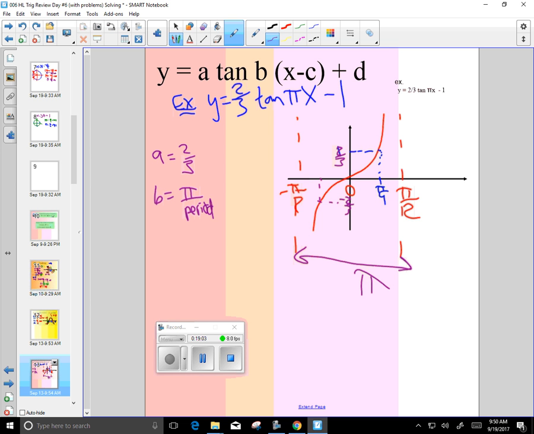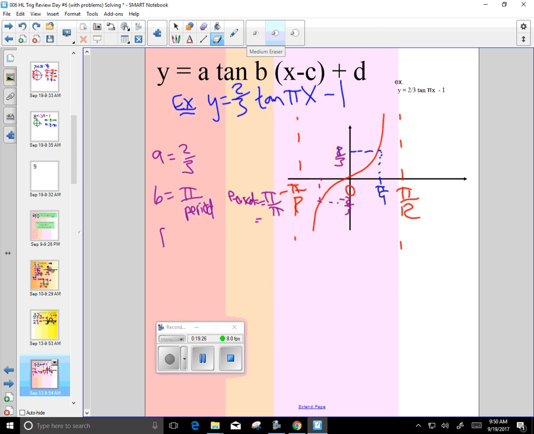Okay, so now we have this period here. The period is what we're looking for. It's going to be pi over pi. And what's pi over pi? 1. So therefore, the period's just going to be 1. This is kind of a weird one, but it's kind of neat too.